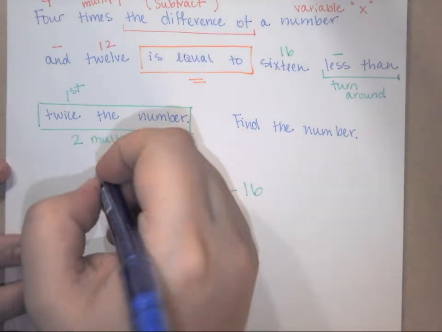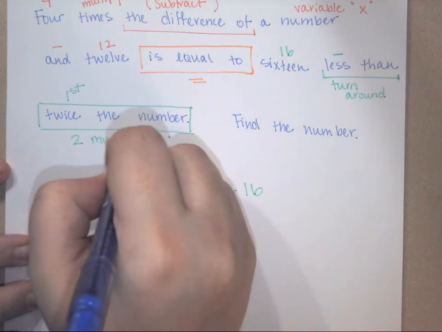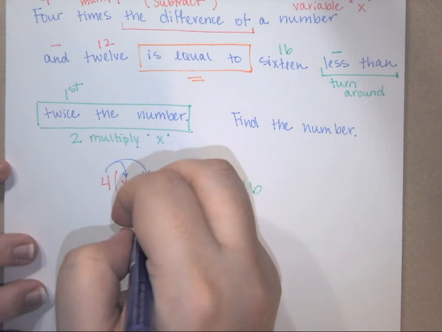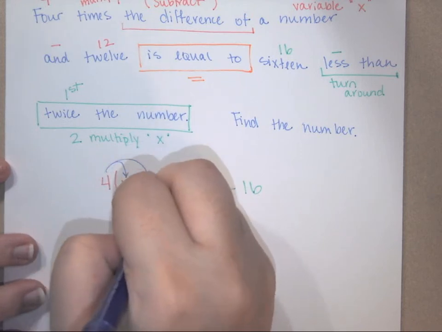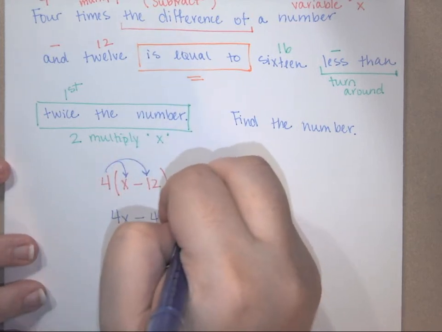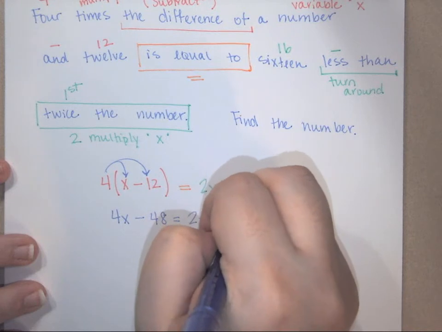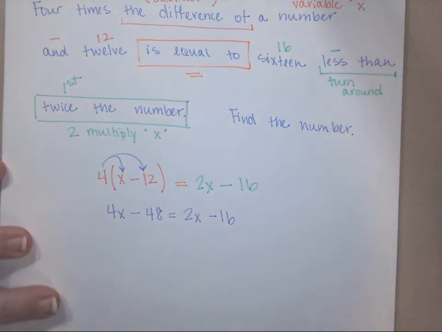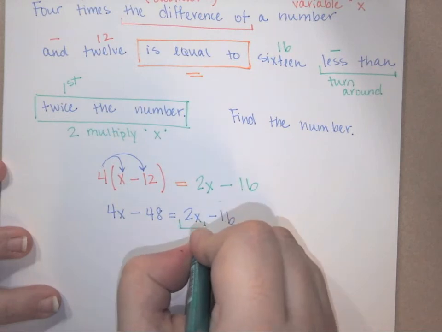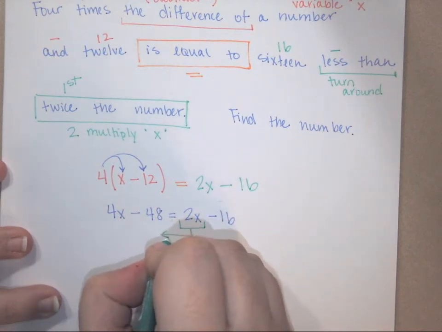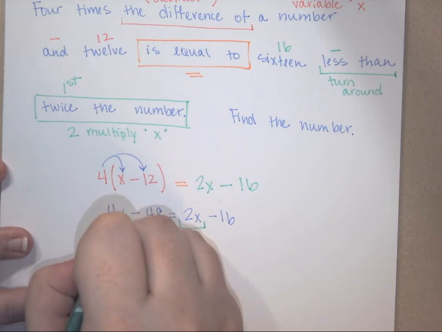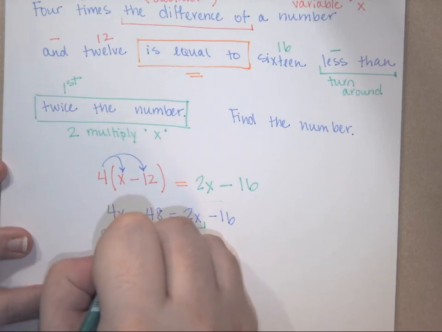So here we're going to distribute this 4 into your parentheses. So we have 4x minus 48 is equal to a 2x minus 16. I'm going to take my 2x here, and I'm going to move it over because it's positive. This means I have to subtract.